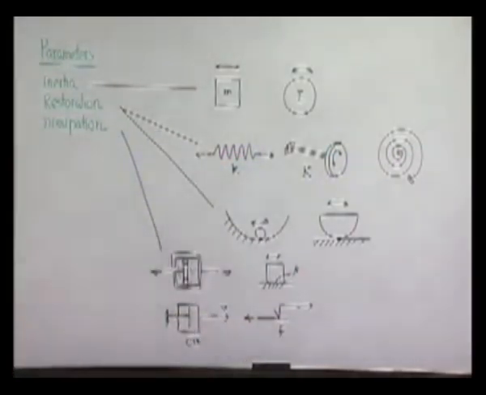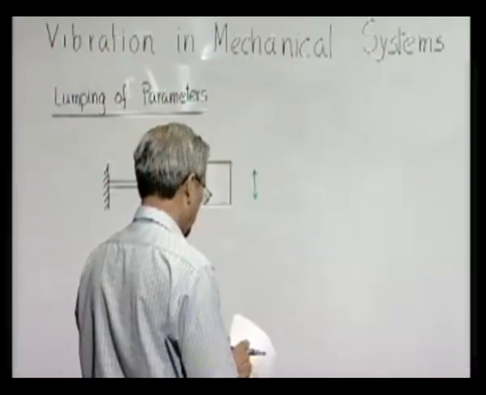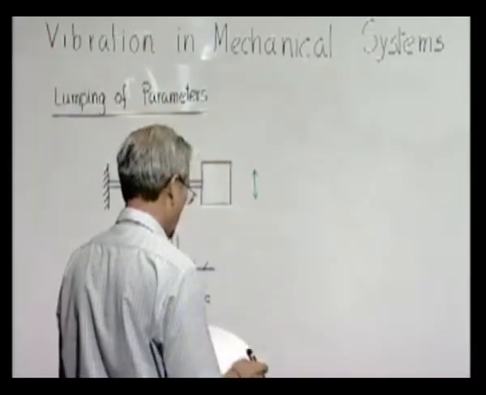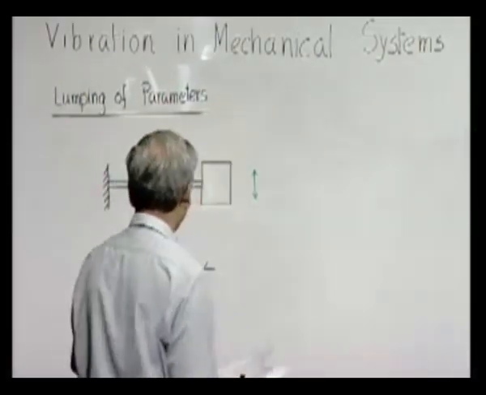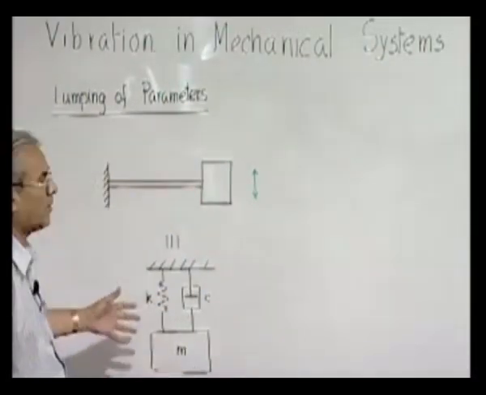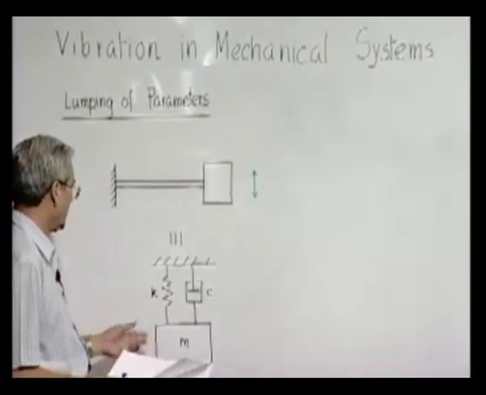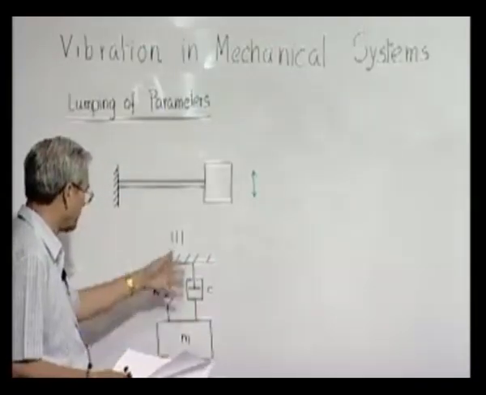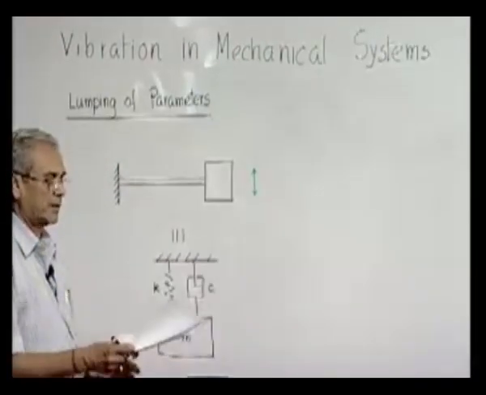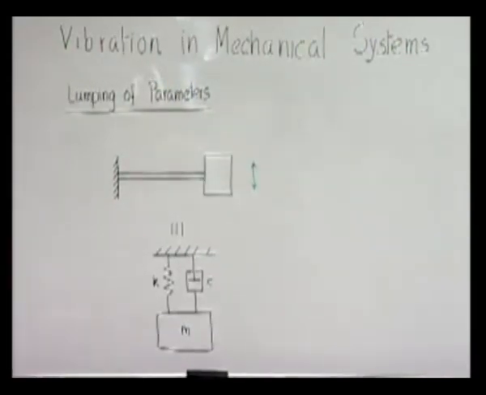So lumping of parameters, what we have been discussing, is important because only once we have lumped the parameters can we talk about forming an equation of motion. That means the mathematics or the equations relating to these properties K, M and C and the displacement coordinate, we can derive some relationship among these, which we solve and say that this is the system's response.